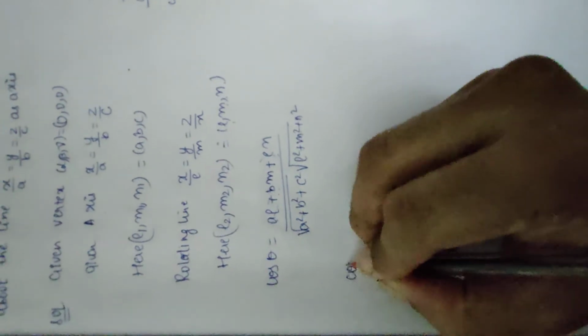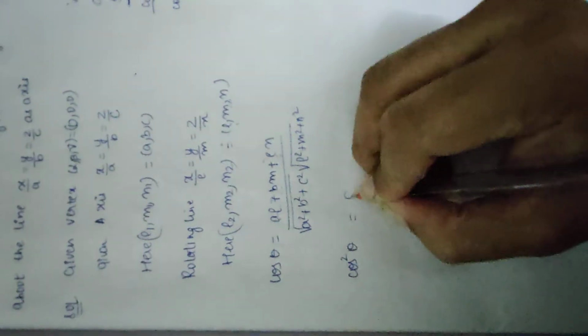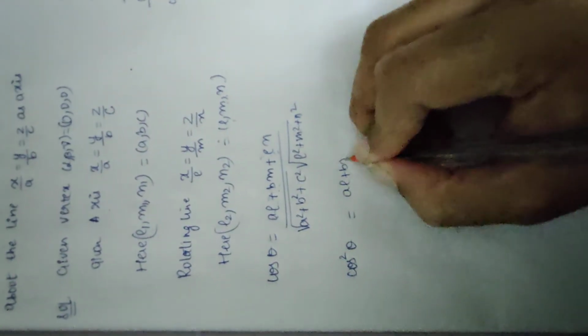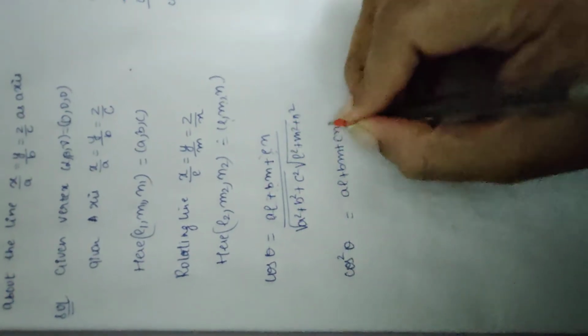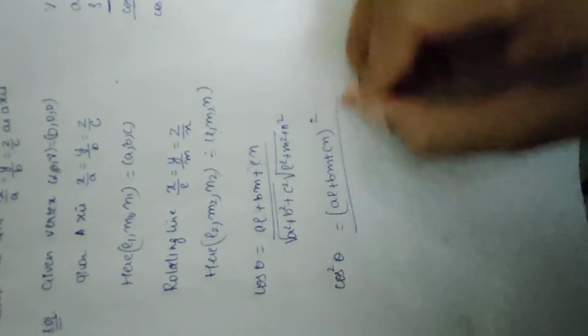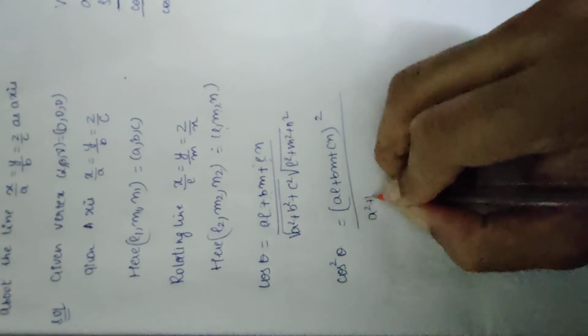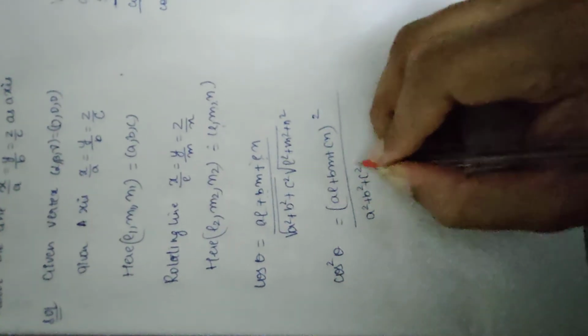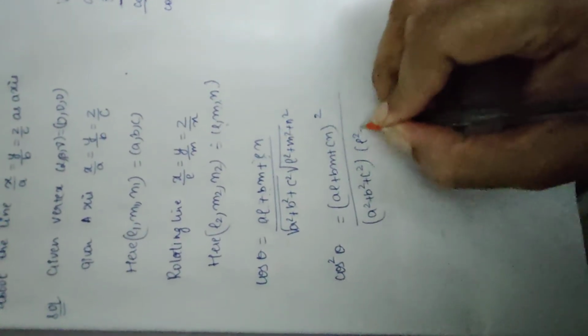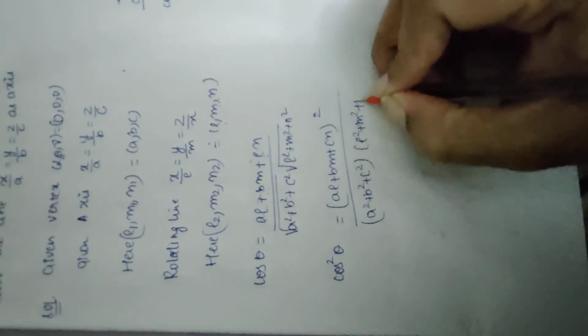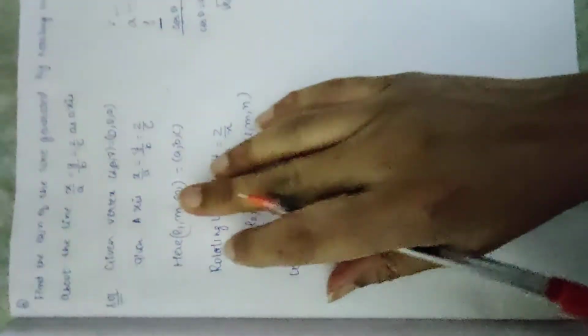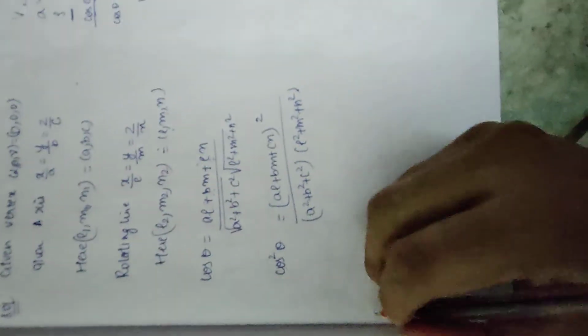But since in the formula I need cos square theta, it becomes a l plus b m plus c n whole square, over a square plus b square plus c square into l square plus m square plus n square. So let us start looking at the axis and substituting in the formula.